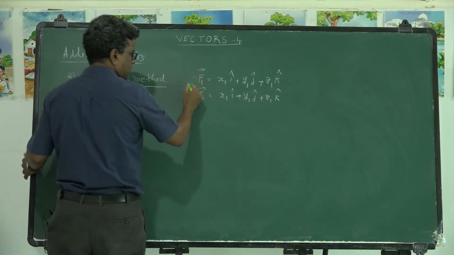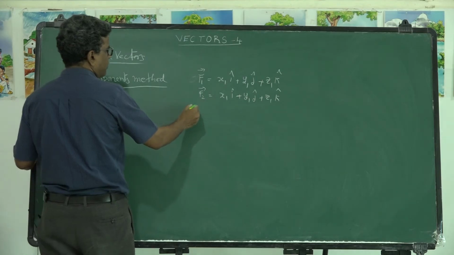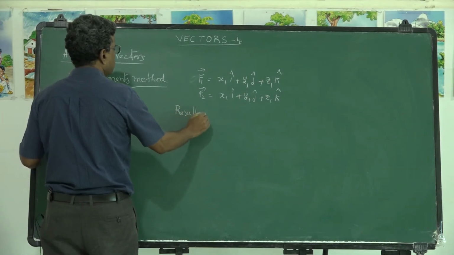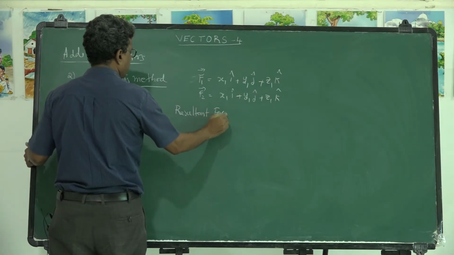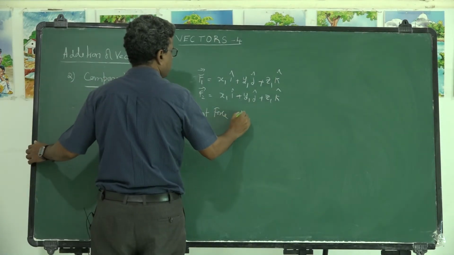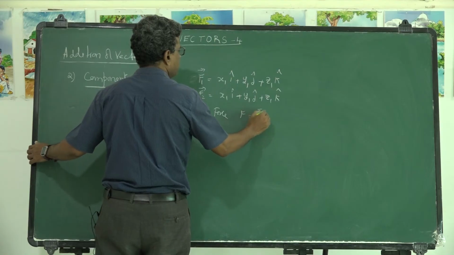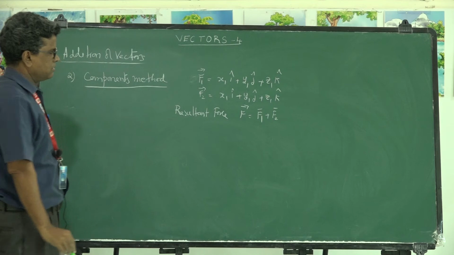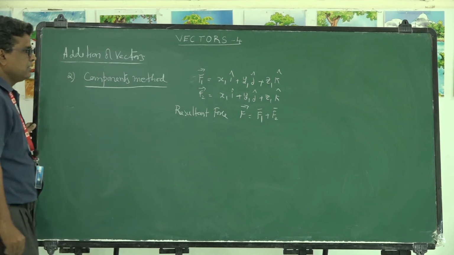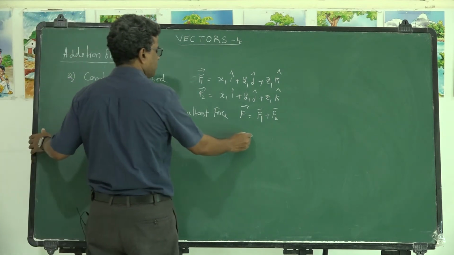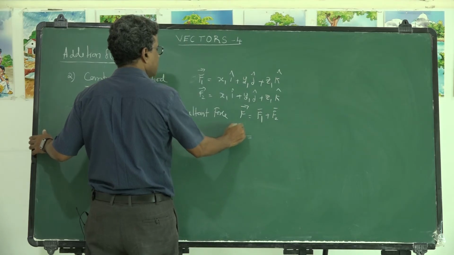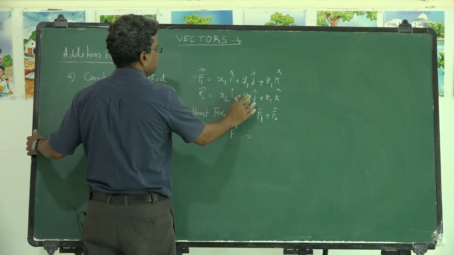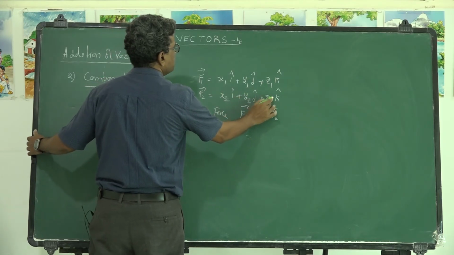So these are the 2 forces acting on a body. I want the resultant force. That is F is equal to F1 bar plus F2 bar. This is addition of vectors by the components method. To get the resultant vector, add components. Let the second vector be x2, y2, z2.